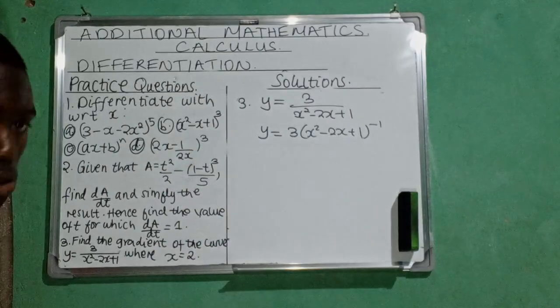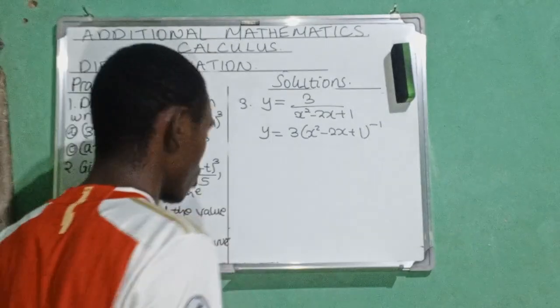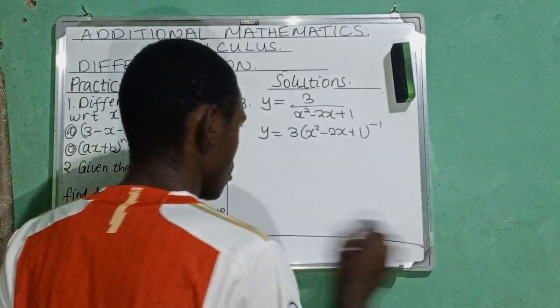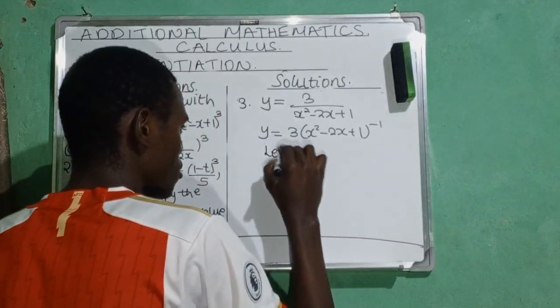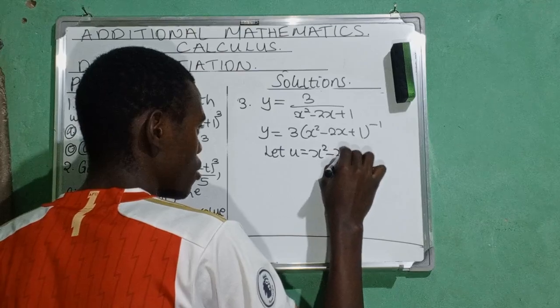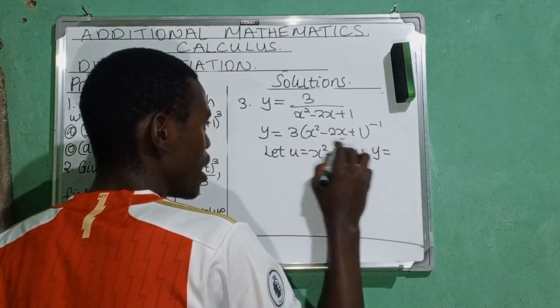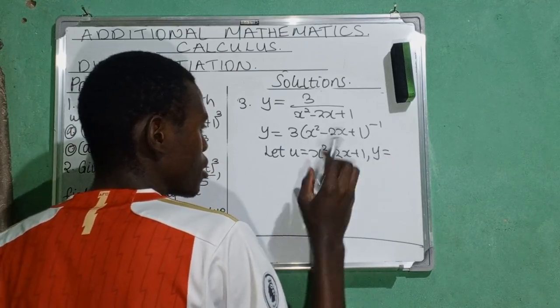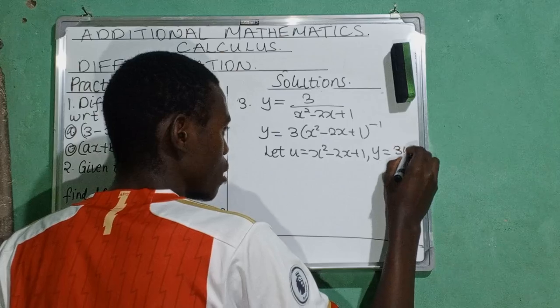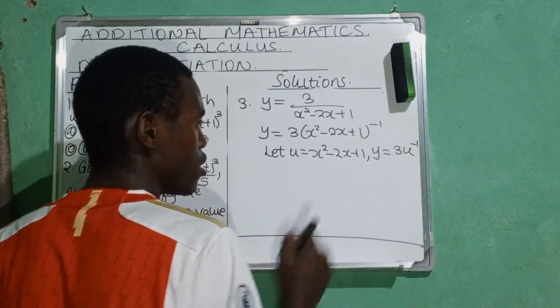To differentiate, we are going to use the chain rule first, then we're going to use the core. Let u be equal to x squared minus 2x plus 1. Then y will be equal to 3 multiplied by u to the power negative 1, so 3u to the power negative 1.